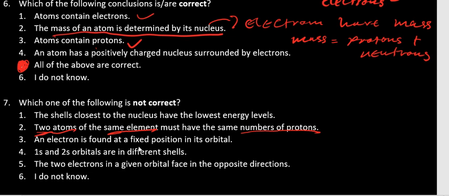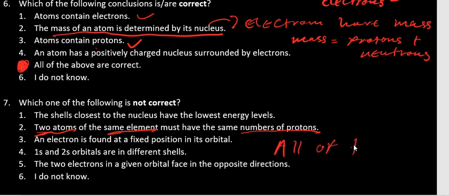Protons. Then an electron is found at a fixed position in its orbital. 1s and 2s are in different shells. The two electrons in a given orbital face in the opposite direction. So when you look at all these statements, the answer here is all of the above.